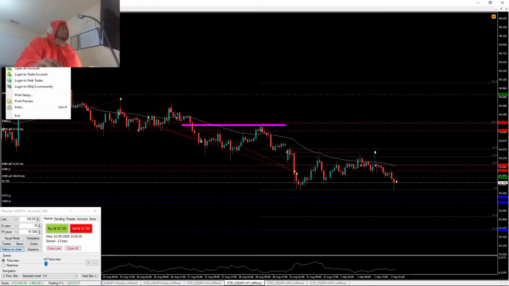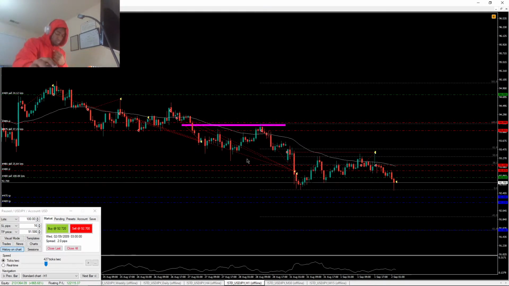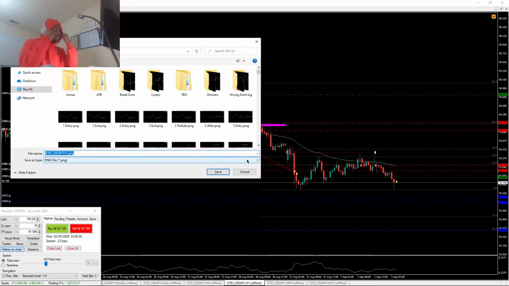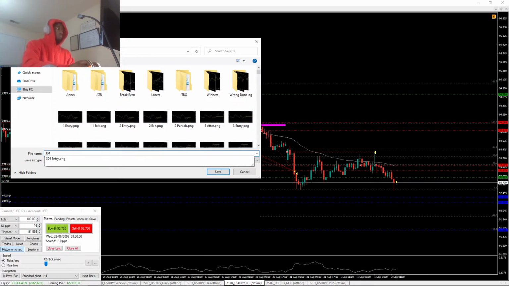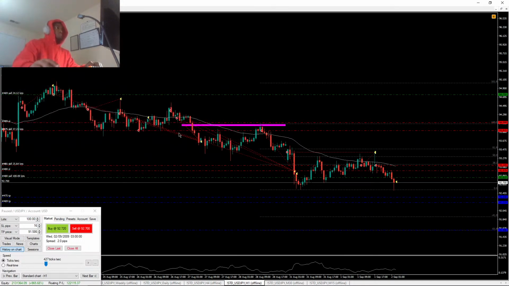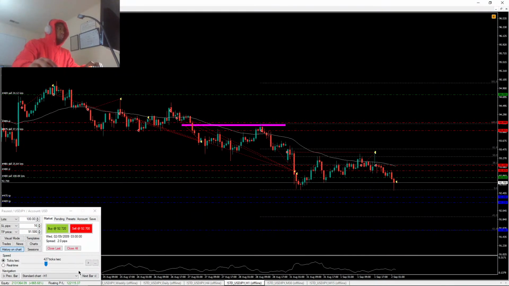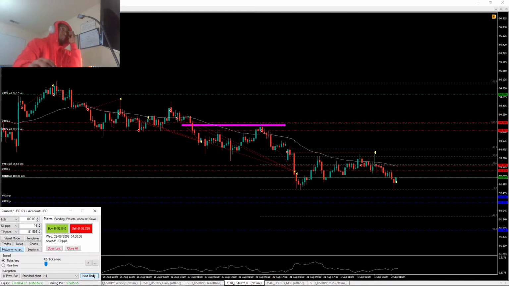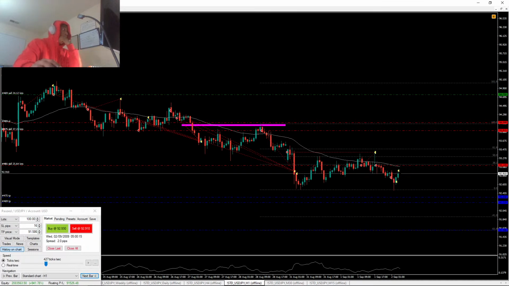Okay. Let me mute this. Okay. Impulse correction to partials. That sells break even. Waiting for this next one. SL hit.